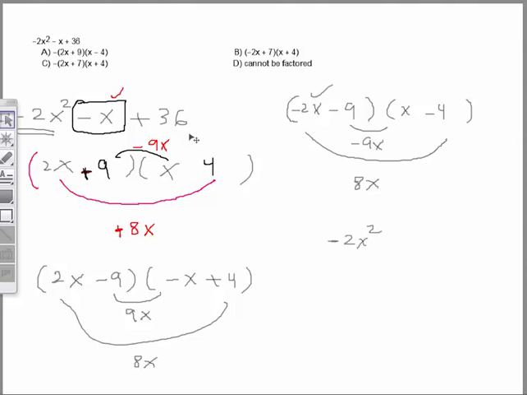When I multiply the 2 closest terms and 2 furthest terms, I get minus x. If I multiply the last 2 terms together, I get plus 36. That's exactly what we have here.